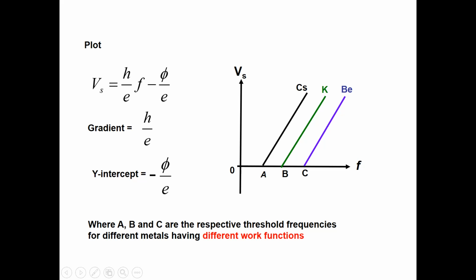Potassium, reactive also, but less so. The threshold frequency will be higher. Beryllium, higher. Notice that the gradient stays the same because you are not able to change h over e. You can also extend the y-axis and find the y-intercepts, and you can see how the work function changes.